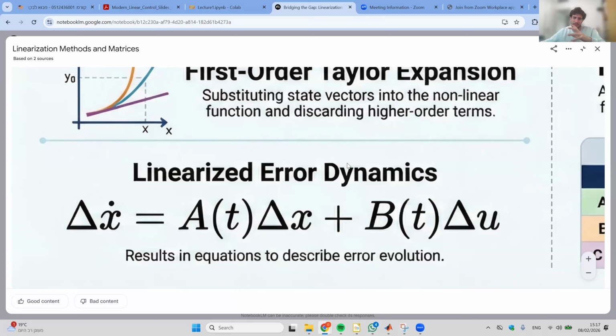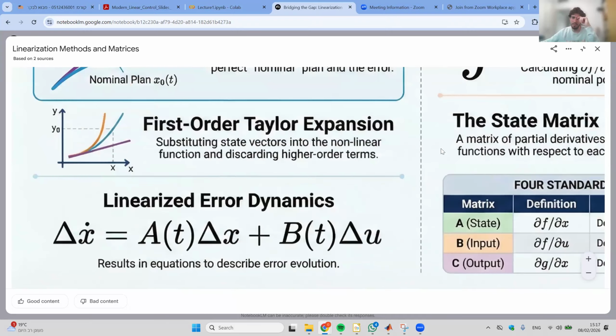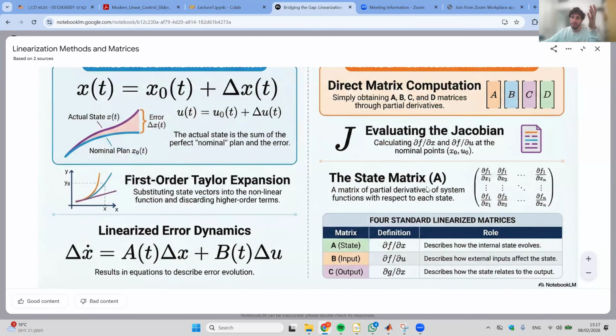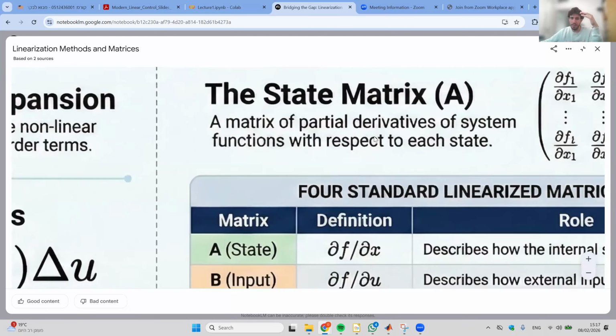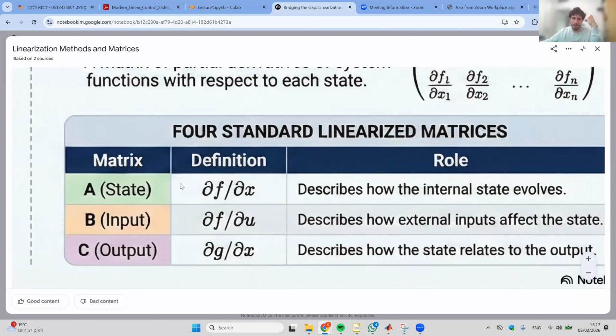The second method is quite nicer because it gives me a closed form expression for A, B, C, and D. And this method uses Jacobian matrices. So basically, we need A, B, C, and D, and here we have the formulas.